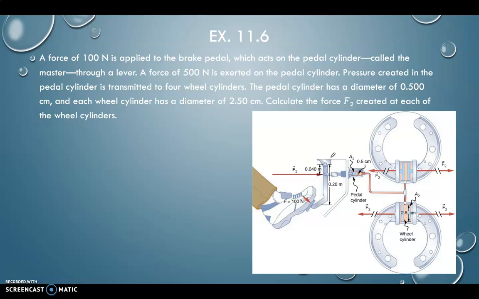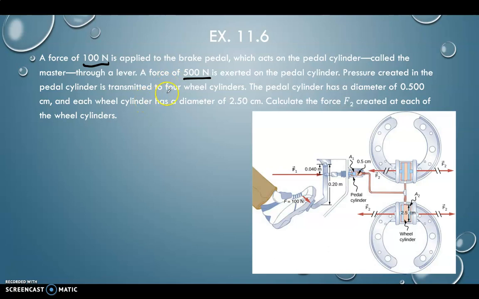We're going to start with example 11.6. Okay, we have a force of 100 newtons, and that is applied to a brake pedal. Okay, and this acts on a cylinder called the master pedal cylinder through a lever. A force of 500 newtons is then exerted on the pedal cylinder. Okay, and there's pressure created in the pedal cylinder, and it's transmitted to 4 wheel cylinders.